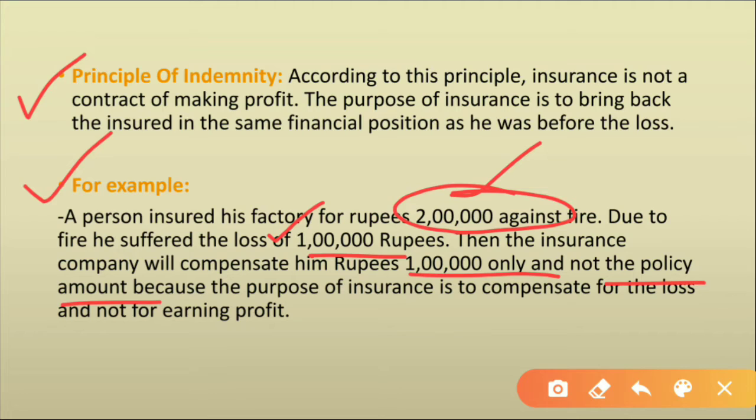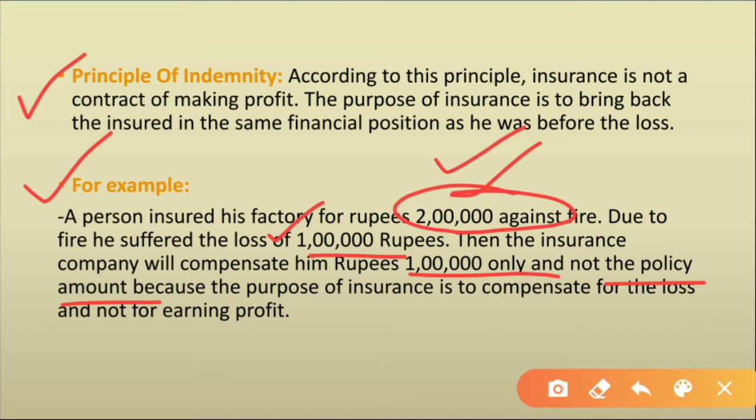It means if the person has taken the fire insurance policy of 2 lakh, but actually he has suffered the loss of 1 lakh rupees only, then here the insurance company will give him only 1 lakh. They will not give him more money because the actual loss was of 1 lakh only.